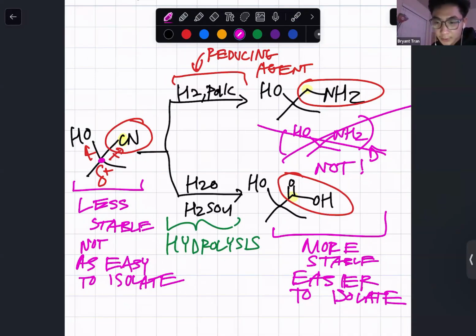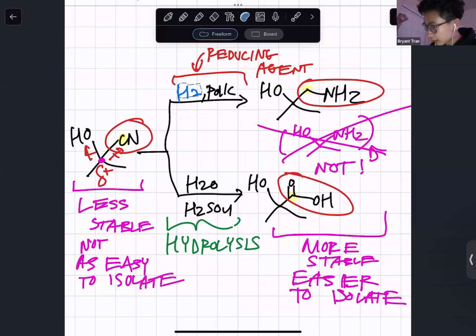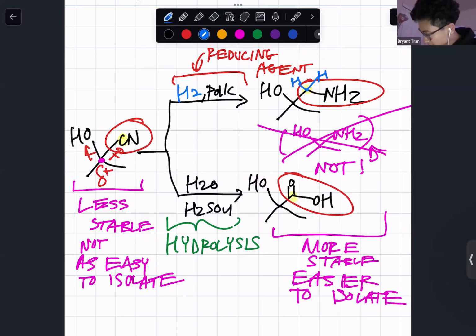Did you attach the H2 to the nitrogen because nitrogen is more electronegative? So the H2 here is actually going to go to that yellow carbon right there. If I color code the H2 here in blue, those two H's are going to be these two H's here on the yellow carbon.